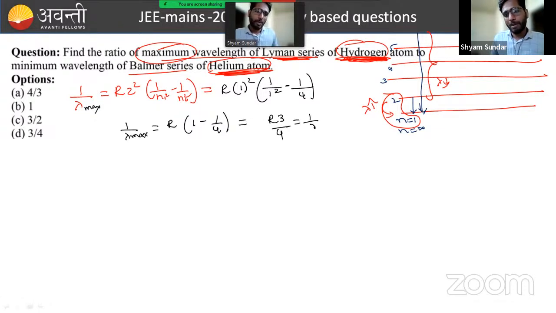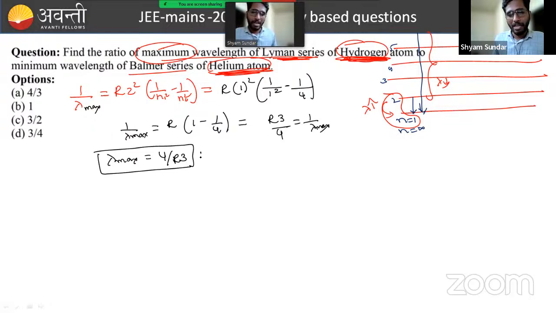This is 1 by lambda maximum. Correct now? Then lambda maximum will be 4 by 3R for the hydrogen atom. Similarly, we have to calculate for the helium atom for the Balmer series.